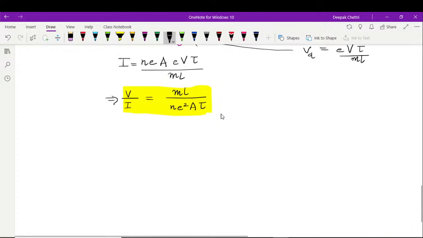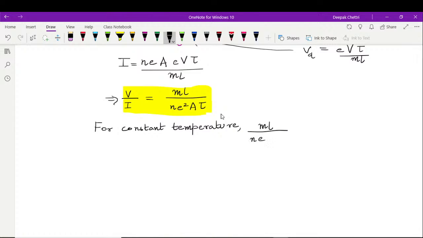So for constant temperature, mL by nE square A tau is a constant, right?